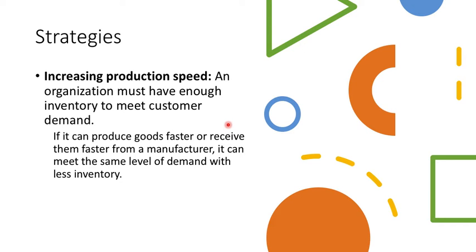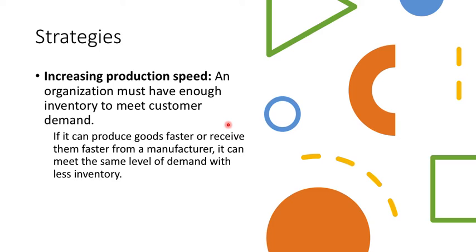Increasing production speed. As already mentioned in the last slide, lead time is the opposite of it. If you increase the production speed, you can fulfill the demand with the lowest amount of inventory, because the flow will be quick. And the main problem that comes from inventory is carrying it. The carrying cost of inventory is way more than investing in it, because inventory is something that only gives a return once it gets sold.